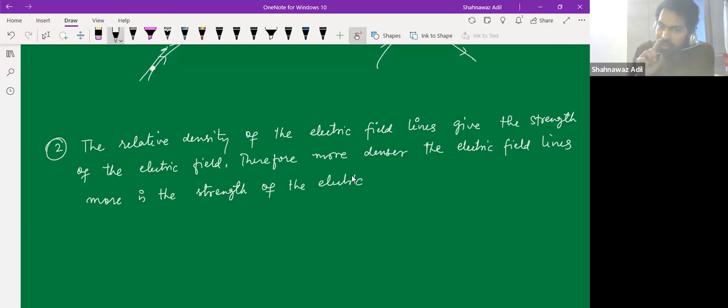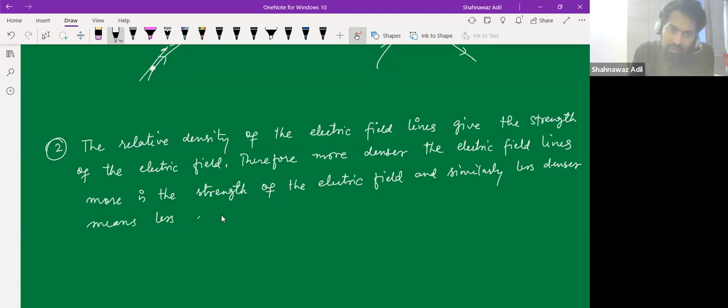Similarly, lesser density means lesser strength of the electric field, right?